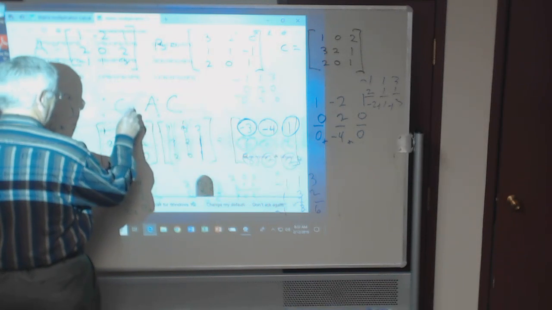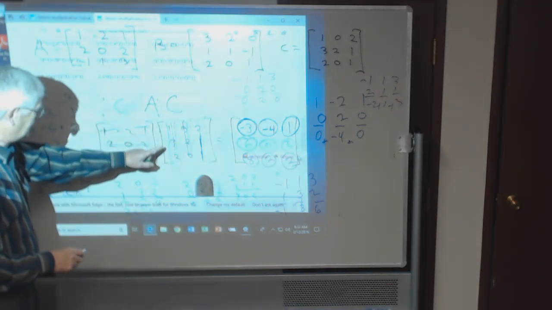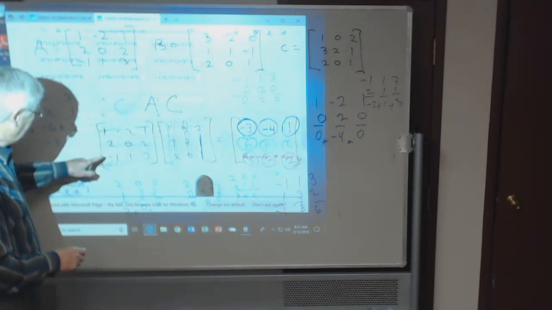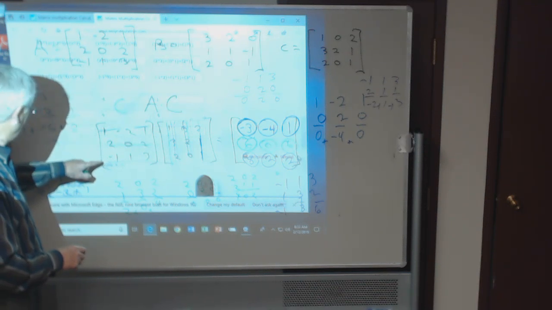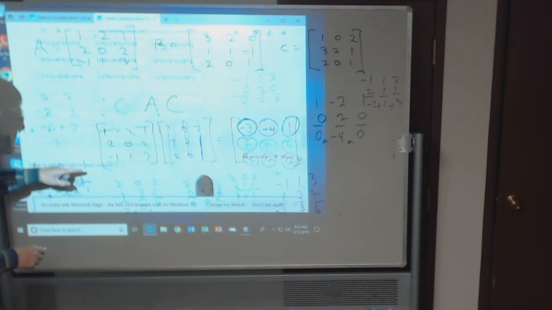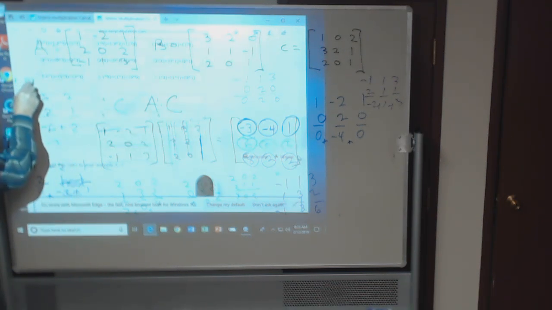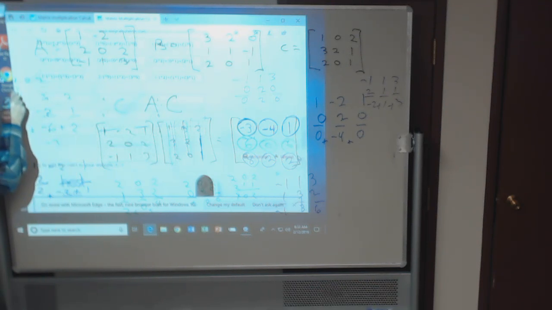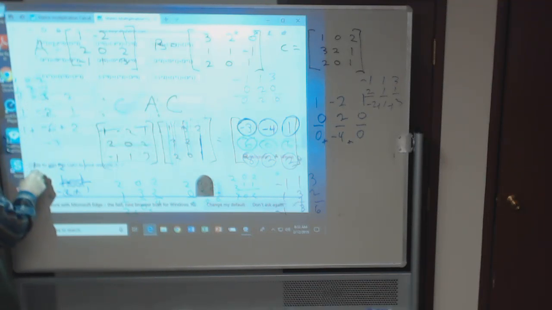and said C times A, then the first one would be the first row times the first column, 1, 0, 2, 1, 2, -1, 1, 0, -2.